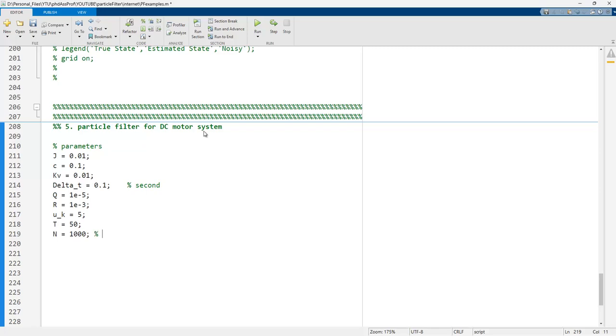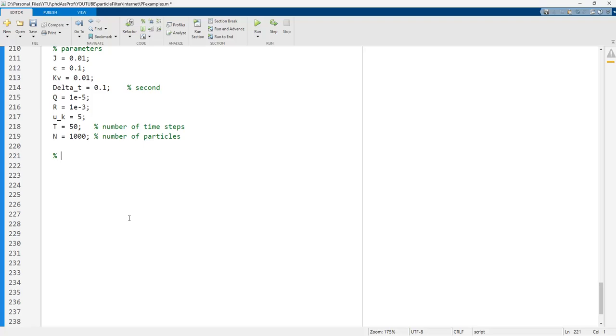the number of particles, and T is the number of time steps. Okay. In this case, allocate the arrays for the true state x, zeros 2 by T, and y, zeros 1 by T. This is the observation, the measurement coming from the sensor.